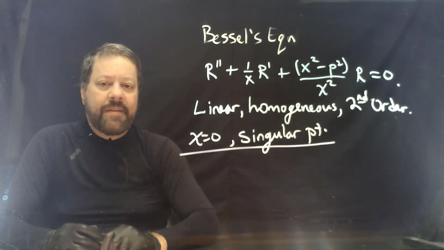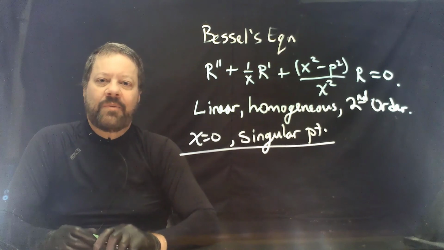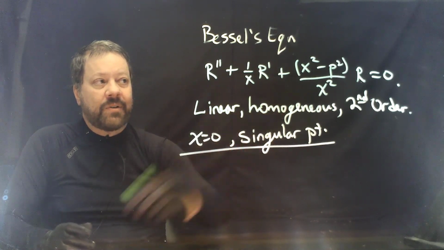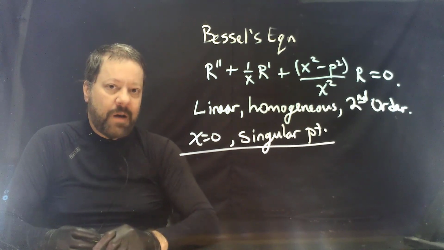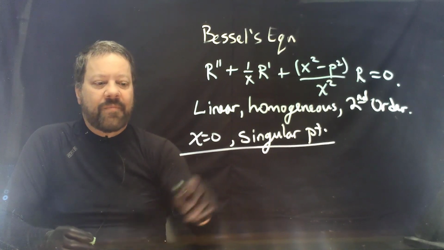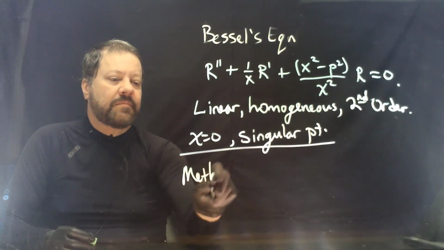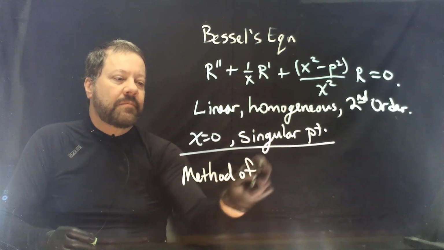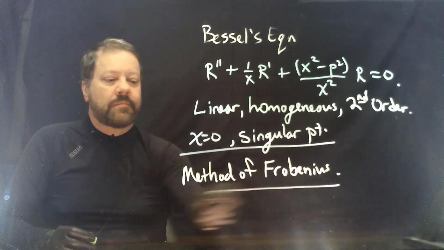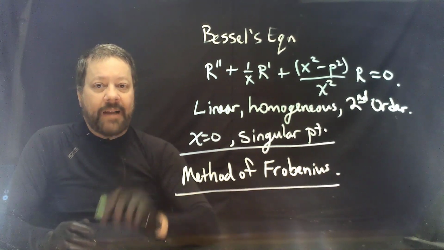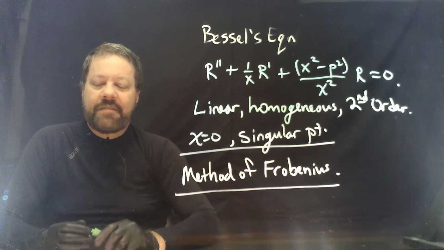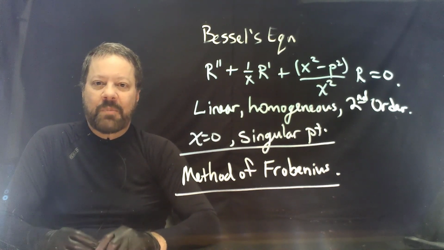The primary method that you may have learned when you took a course in ordinary differential equations for solving these second-order linear homogeneous problems with singular points is called the method of Frobenius. But the method of Frobenius only applies if the singular point is in fact a regular singular point.